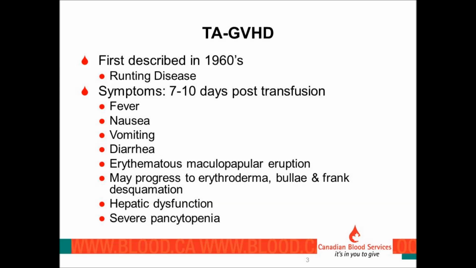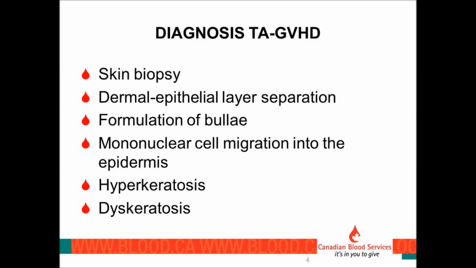To make the diagnosis of transfusion-associated graft versus host disease, you have to do a skin biopsy, which will show a dermal epithelial layer separation, formation of bullae, mononuclear cell migration into the epidermis, hyperkeratosis and dyskeratosis.